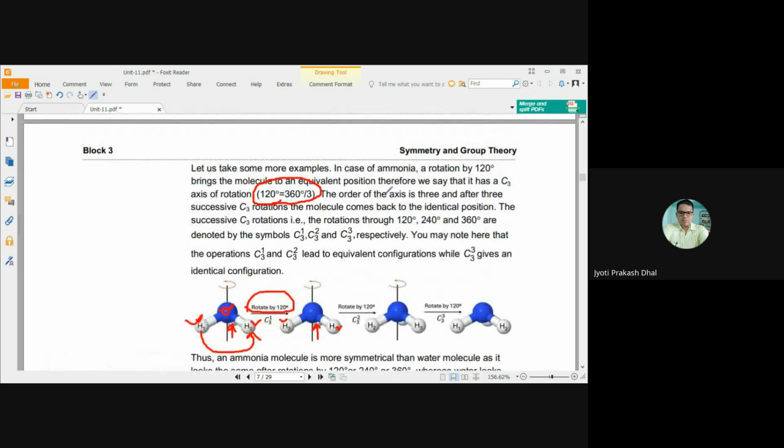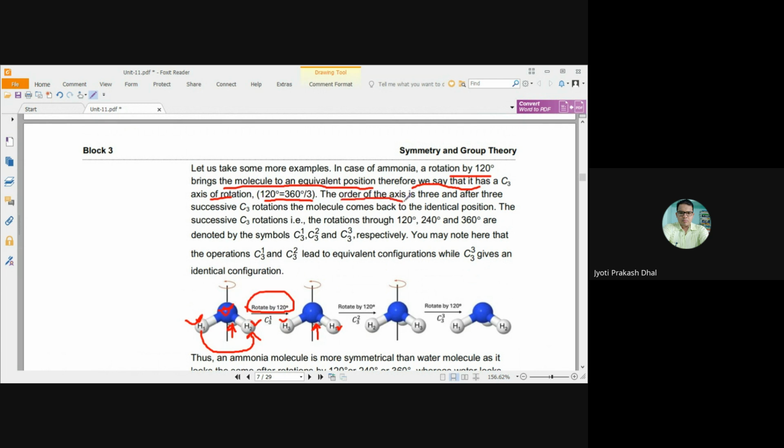Here you can see, in the case of ammonia, a rotation by 120 degrees brings the molecule to an equivalent position. Therefore, we say that it has a C3 axis of rotation, that is 120 equals 360 divided by 3, so we get a three-fold axis of rotation.